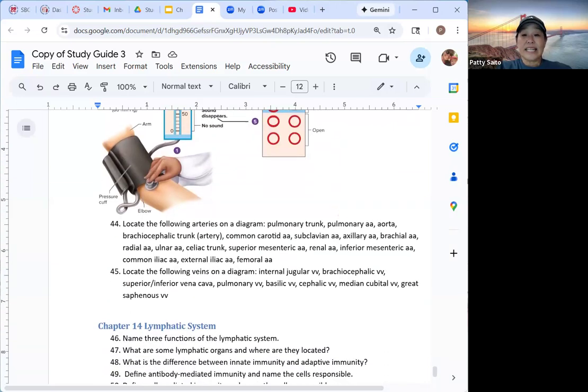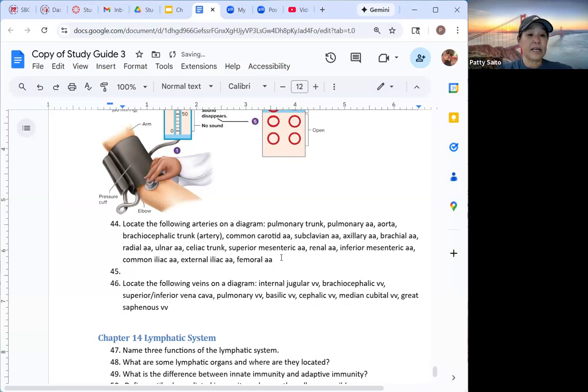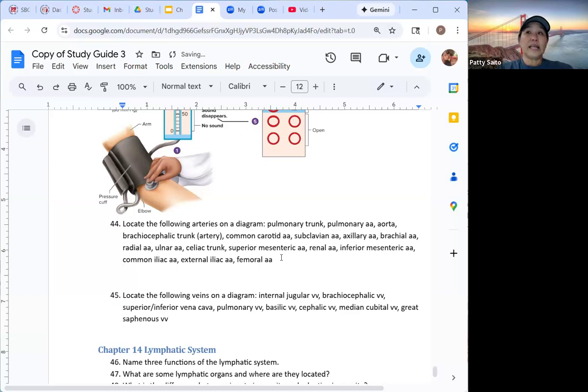Okay, this next one is to locate arteries on a diagram. In anatomy, this is a very challenging part of the class. But it need not be. It is, because they're locating them on like a cadaver.